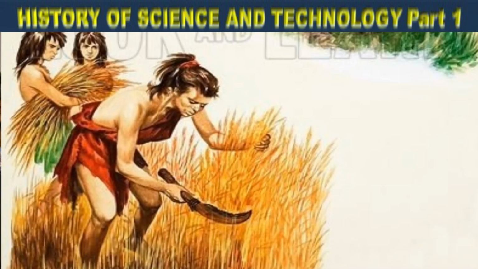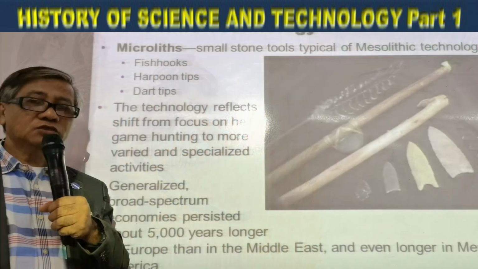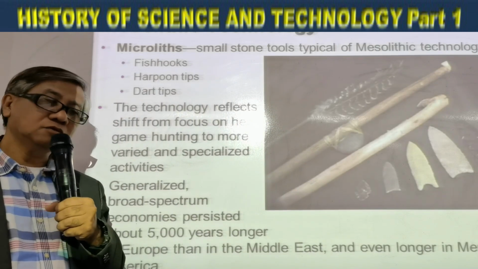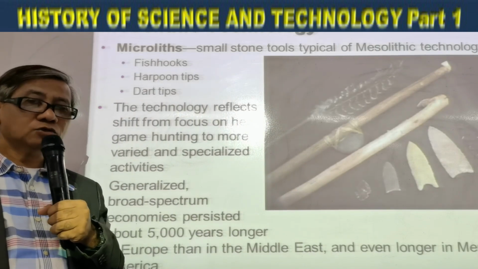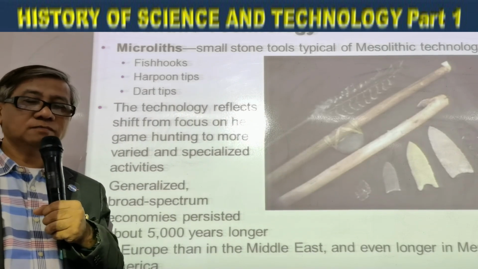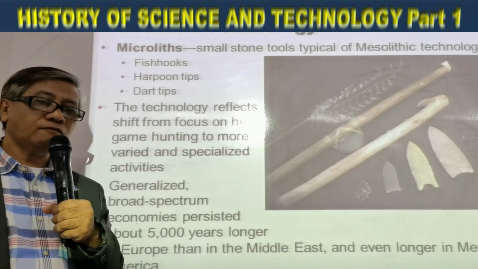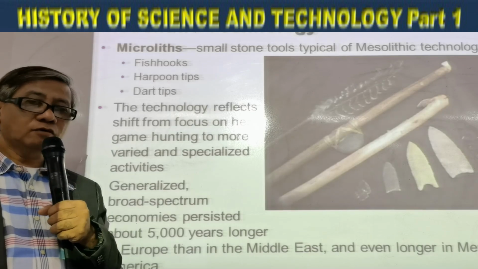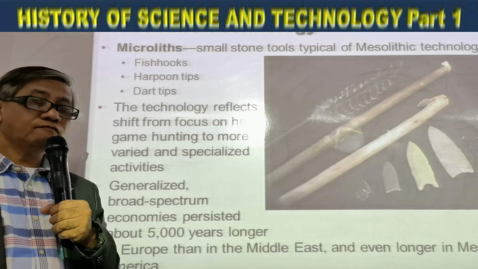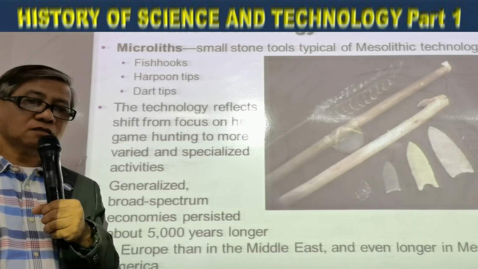Alright, so again, when we speak of microlithics, these are small stone tools. And this is typical of the Mesolithic technology, such as fish hooks, harpoon tips, and dart tips. So the technology reflects a shift from a focus on herd game hunting to more varied and specialized activities.